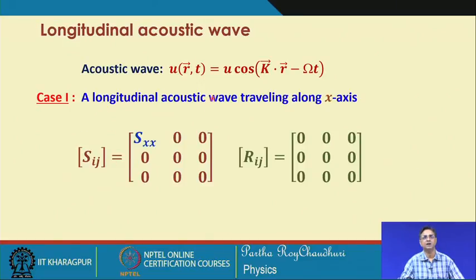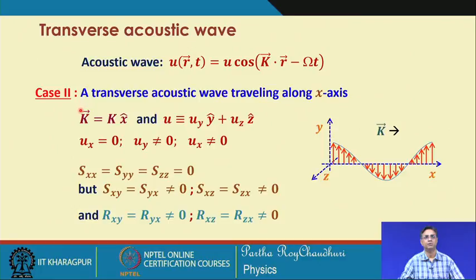A longitudinal acoustic wave travelling along the x axis will create only this S x x element of the strain matrix, because all the other elements are 0. So, I have only S x x. Let us put this S x x into the wave equation.